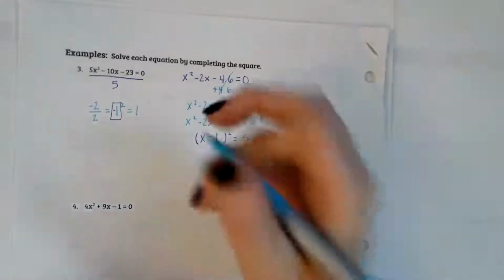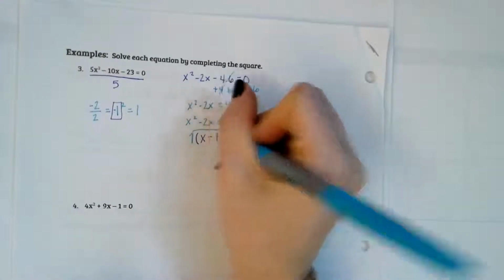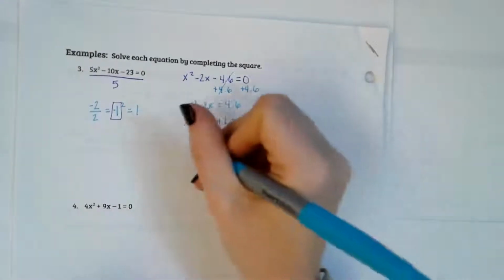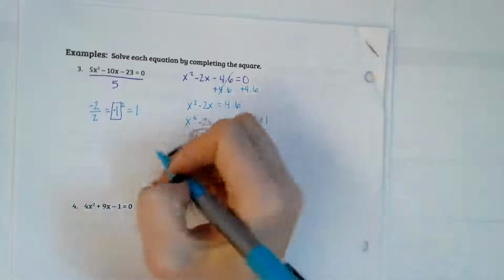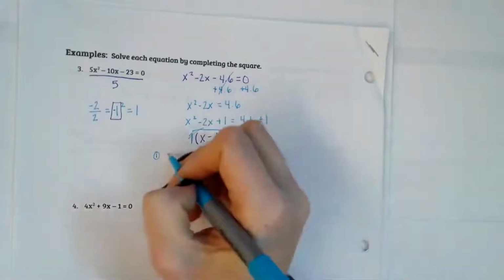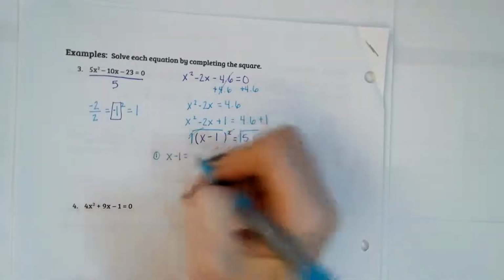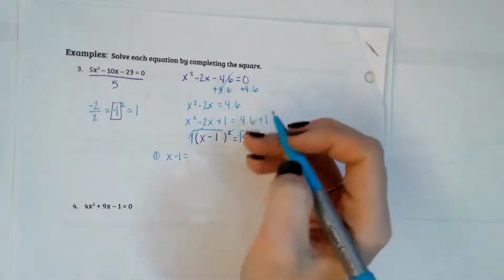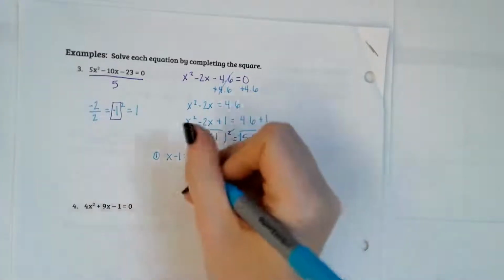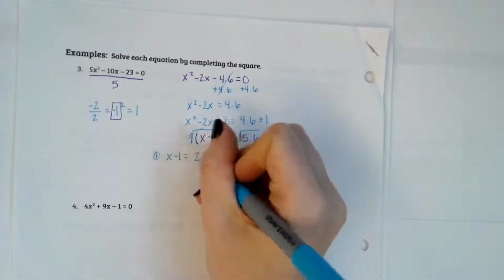So then when I square root, this cancels with this. So x minus 1 equals, so square root of 5.6 is 2.37.